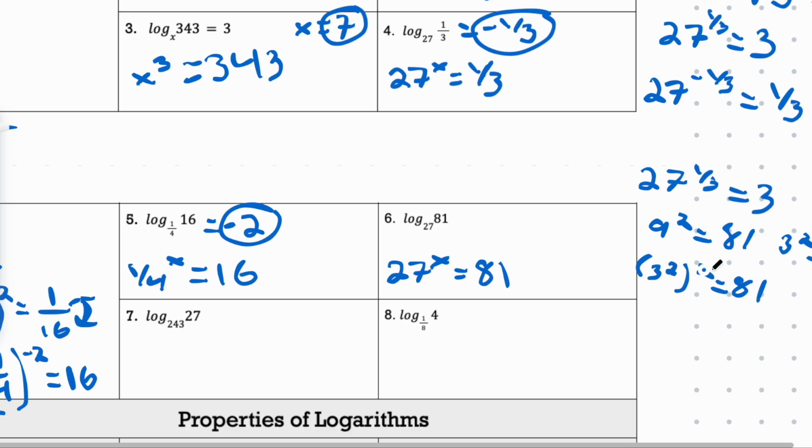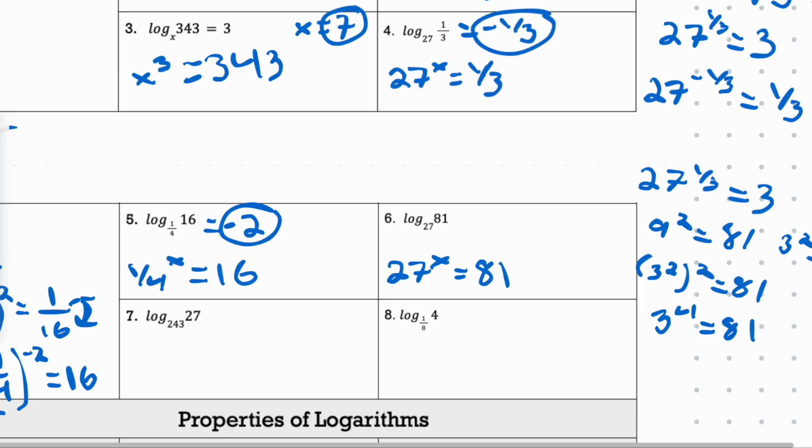If we remember our exponent rules, we know that we have 2 times 2. So this is 3 to the 4th equals 81. So we have 27 to the 1/3 power equals 3. And then 3 to the 4th equals 81.